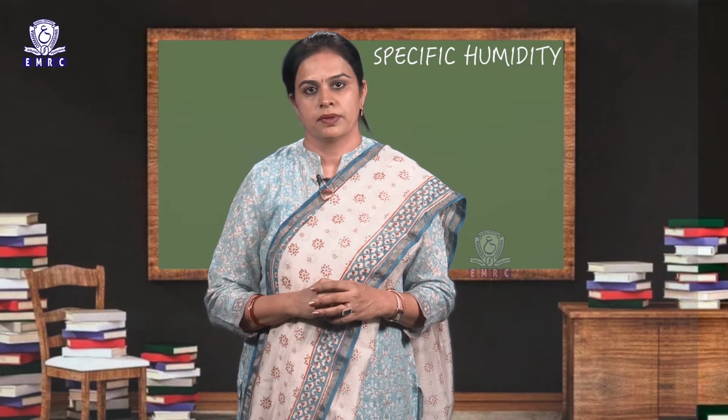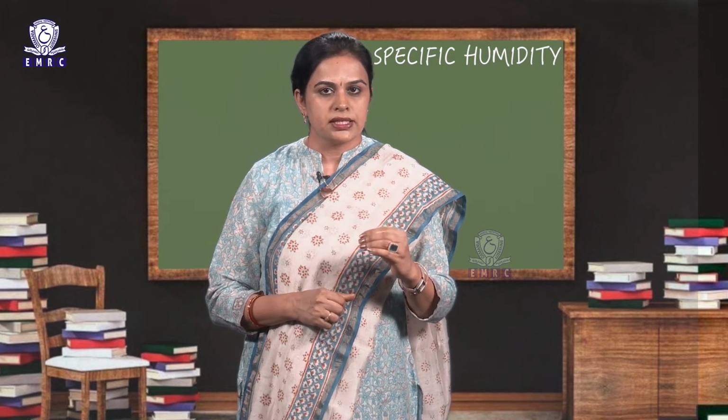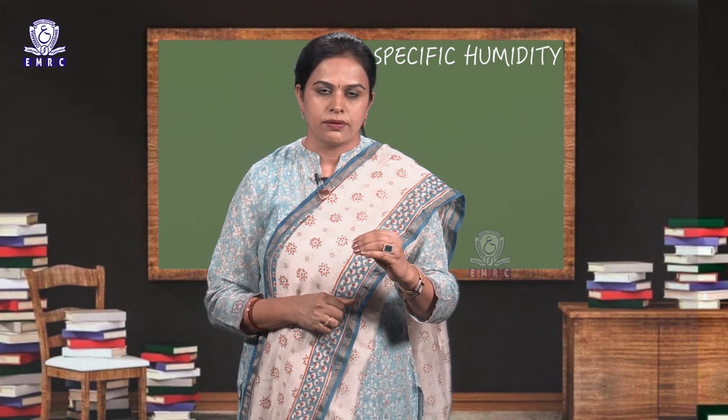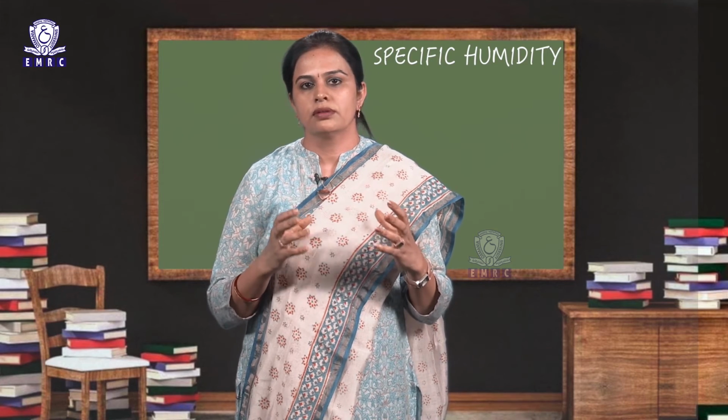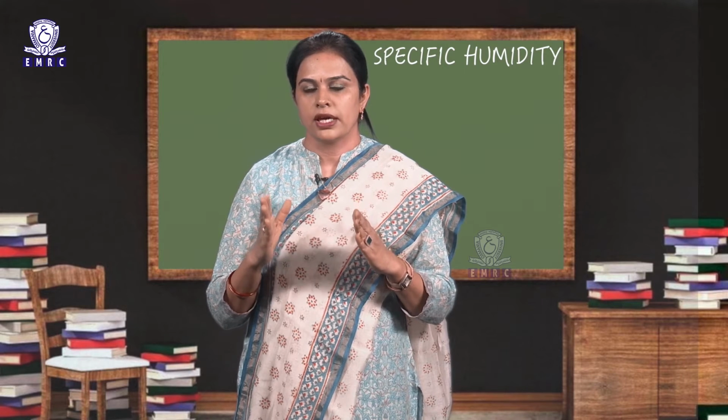Specific humidity. Now, what is this specific humidity? It is expressed as the weight of water vapor per unit weight of air, or the proportion of the mass of water vapor to the total mass of air.